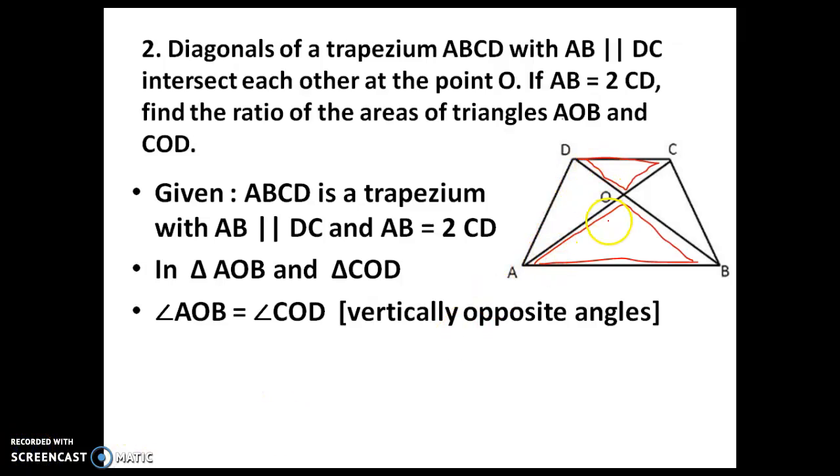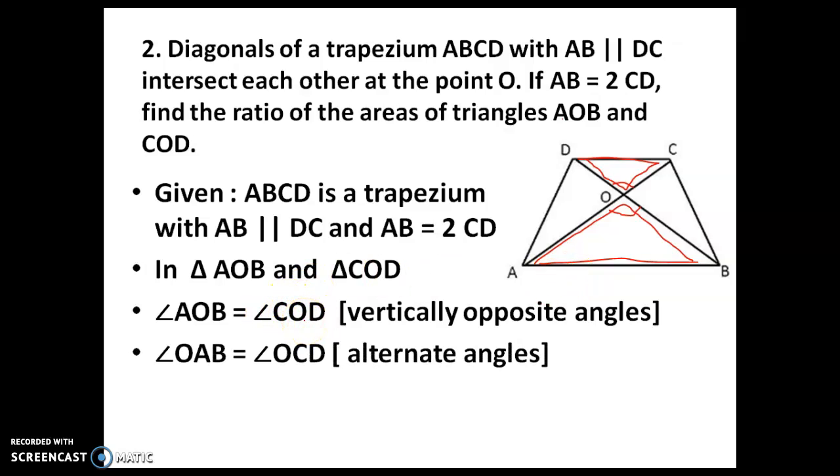In these two triangles, angle AOB and angle COD are vertically opposite angles, so these two angles are equal. Then angle OAB, this angle, and this angle OCD, these two angles are equal.